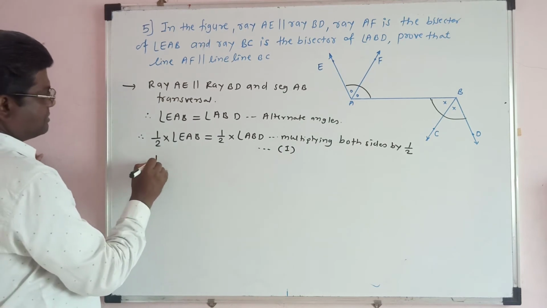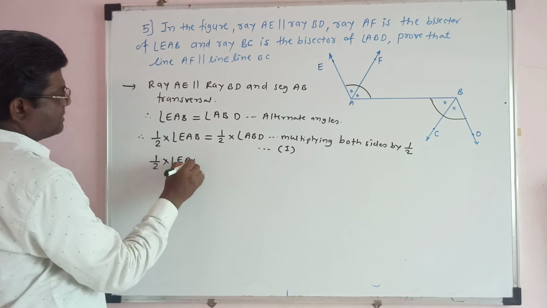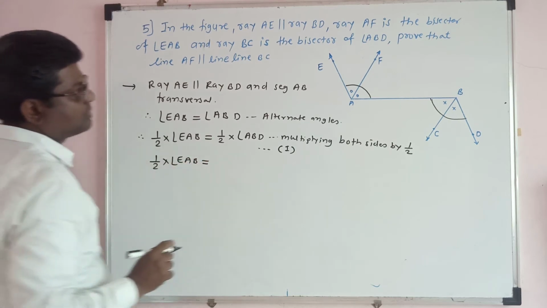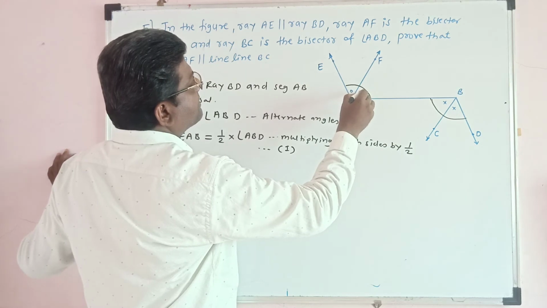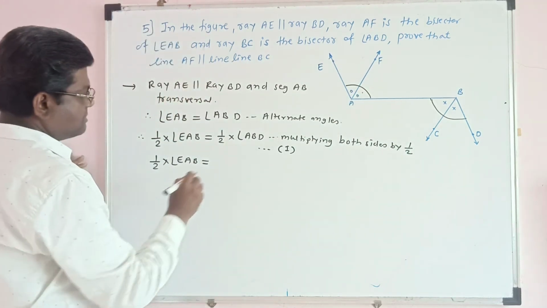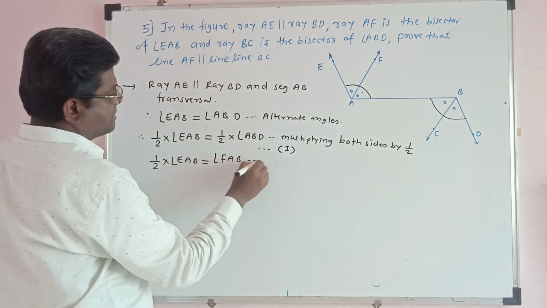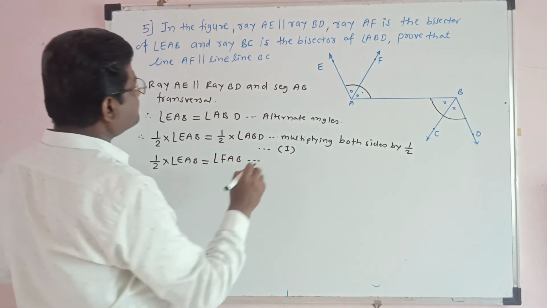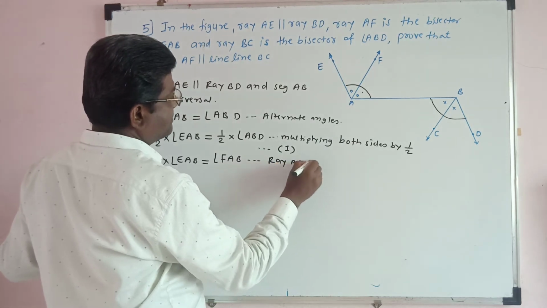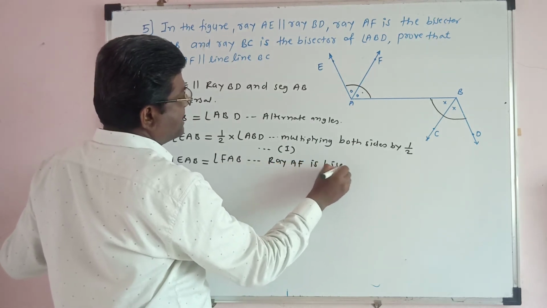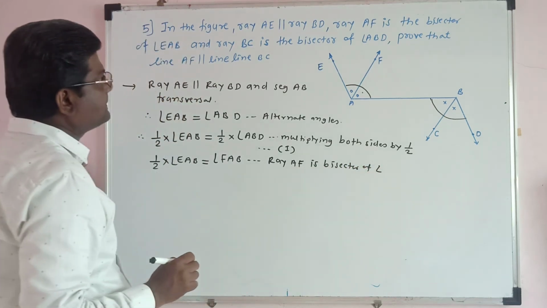Now 1/2 into angle EAB will be this angle, half angle, is equal to angle FAB. Reason is ray AF is bisector of angle EAB.